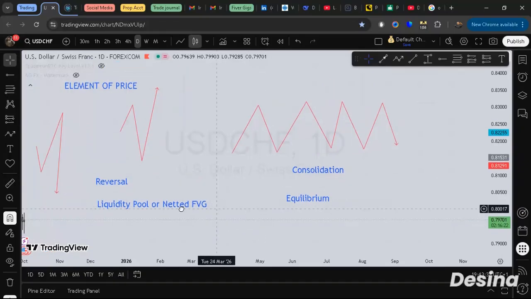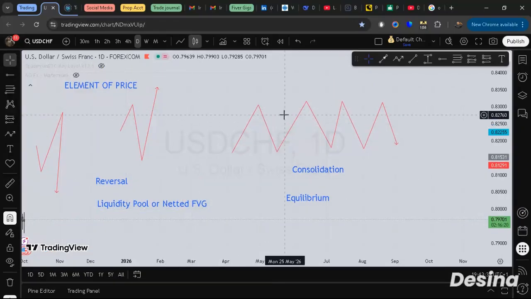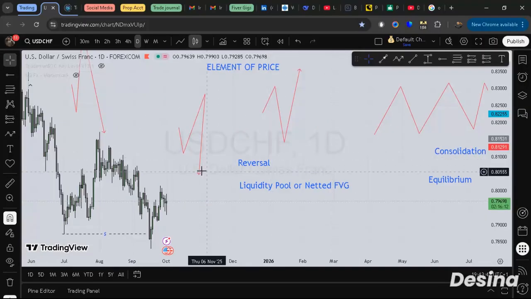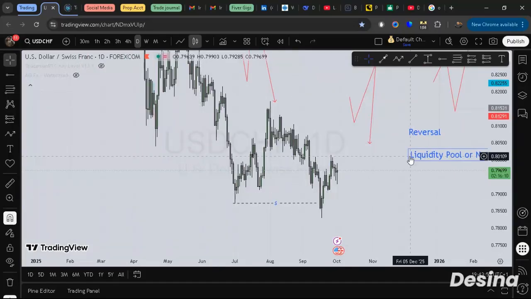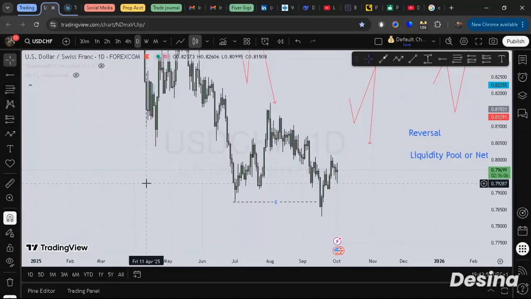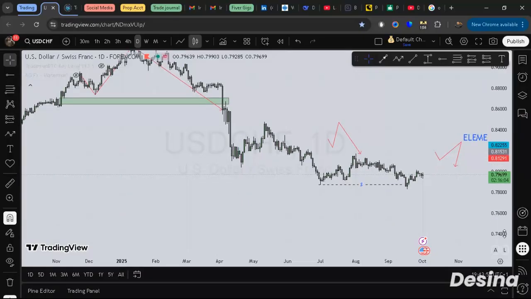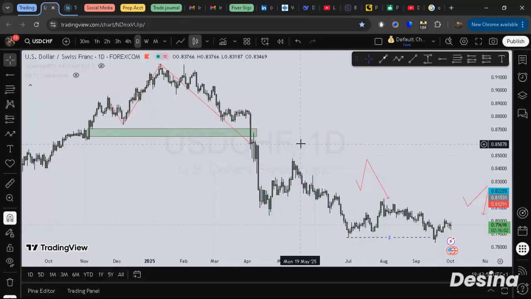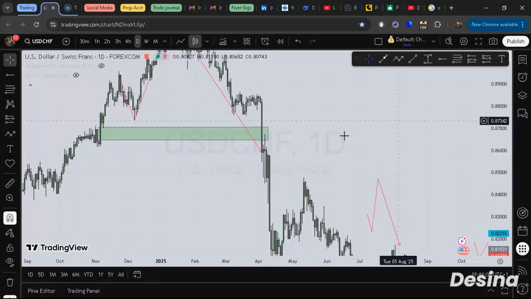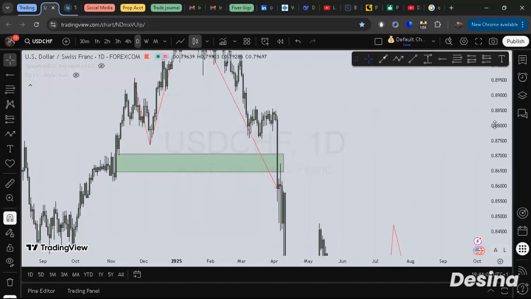So consolidation, if it's bullish, will be consolidating to the upside. If it's bearish, it will be consolidating to the downside. Let me look for an example of consolidation so I can show you. It just means price is ranging within a particular zone. Can you see here?